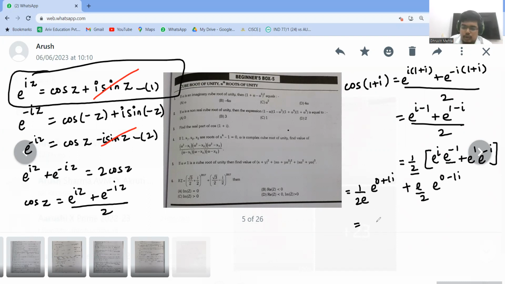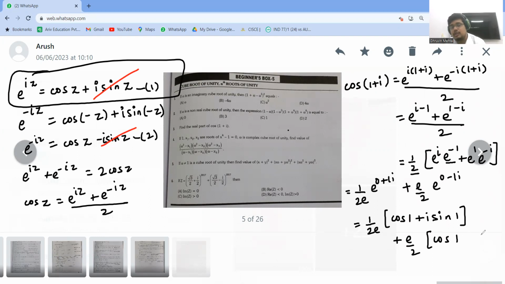We can write e raised to iz as cos z plus i sin z. So this will be cos of 1 plus i sin of 1. The second part will be cos of minus 1, but cos of negative is positive, so positive cos 1, plus i sin of minus 1. Now sin of negative 1 will be minus sin of 1.